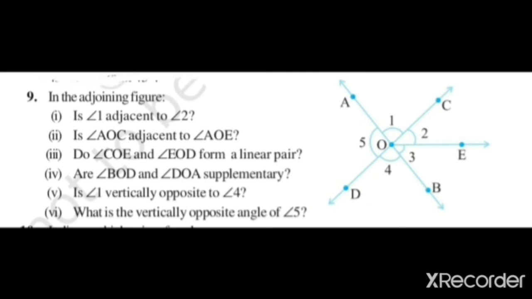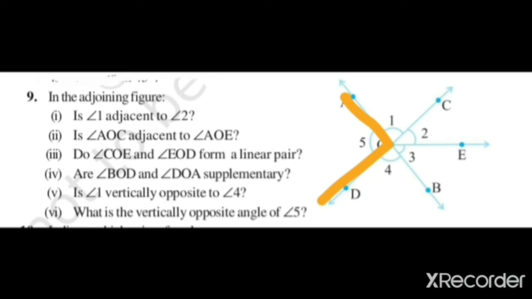Is angle 1 vertically opposite to angle 4? Yes, it's the vertically opposite angle of angle 4. And the last question, what is the vertically opposite angle of angle 5? Remember, vertically opposite angles have the same measurement.